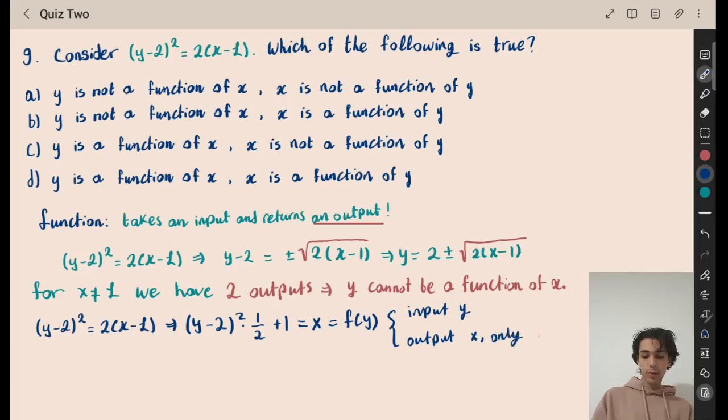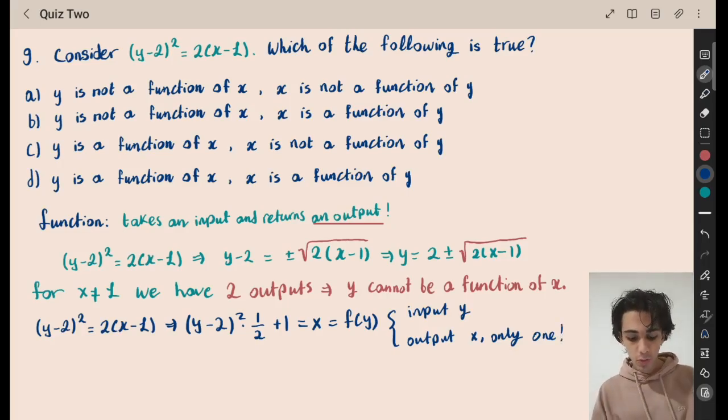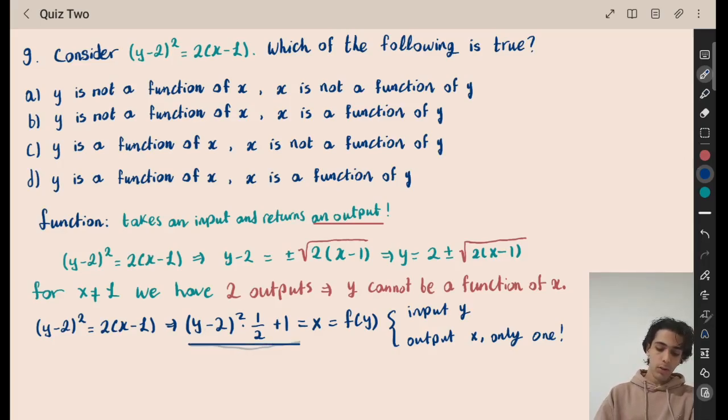Only 1. Not 2, not 3, not 4. And you can see this from here. So this is how we proceed. And in that case, indeed, we do have that x is a function of y.